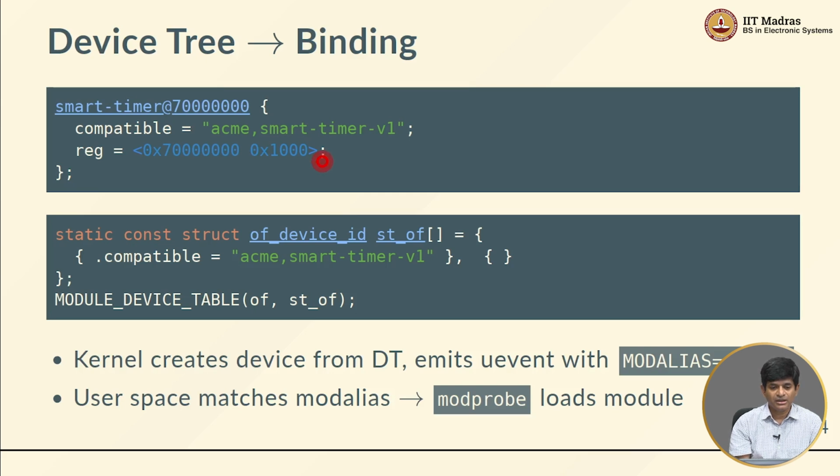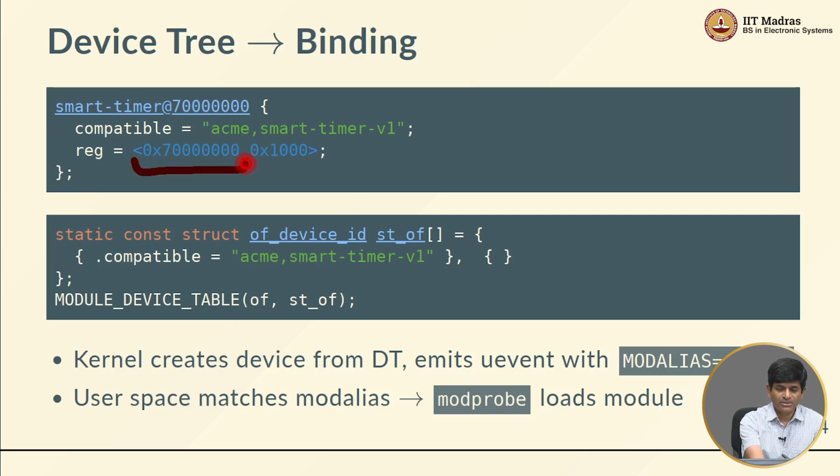This is actually quite a nice way of presenting information, because what it means is that I could potentially have two different smart timer peripherals, each of which is registered at a different base address, and the kernel could potentially go and load both of them and identify that it has multiple different things that it can talk to. So multiple timers could be incorporated into the system, for example.